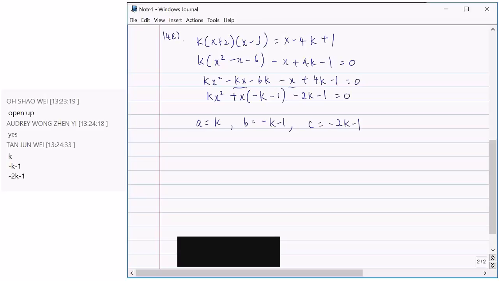So the equation is to have two unequal real roots. So Sherry, what does that mean for the discriminant? What does it mean when I say to have two unequal real roots?